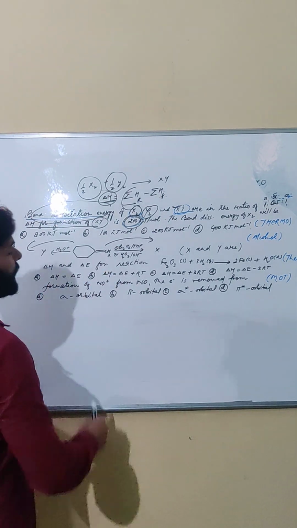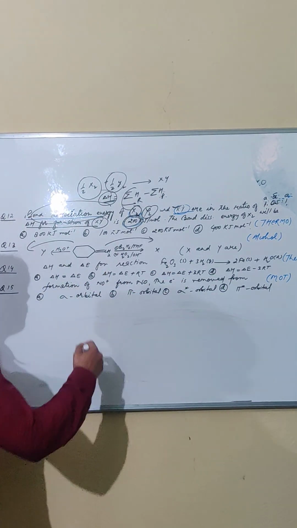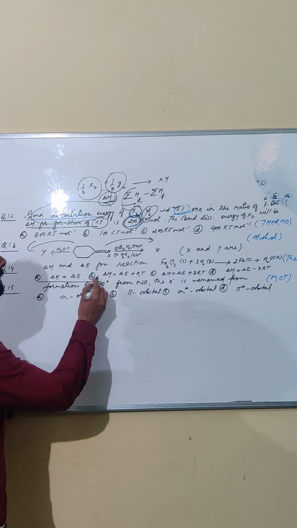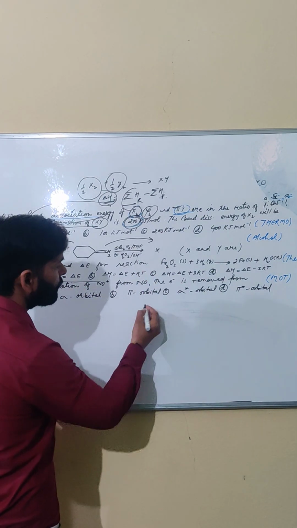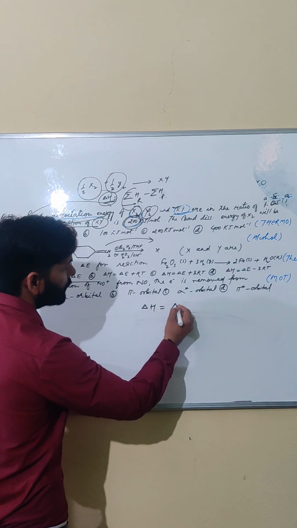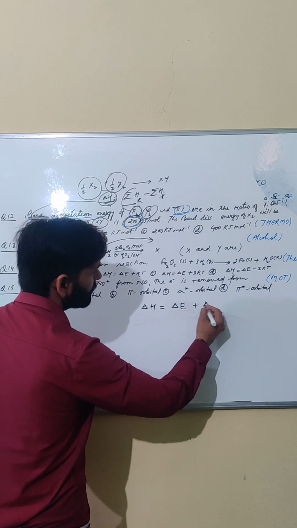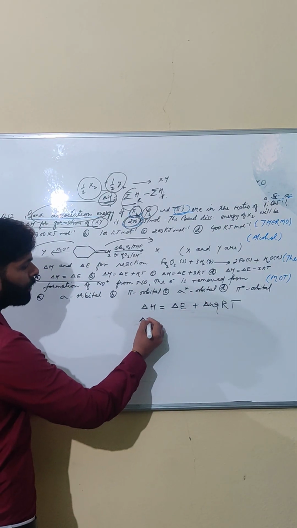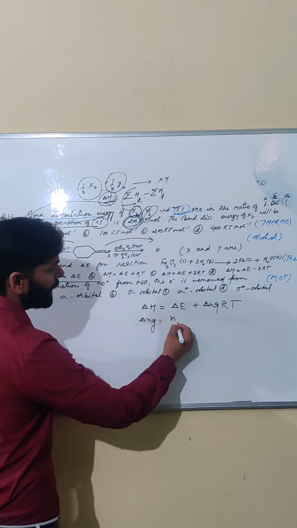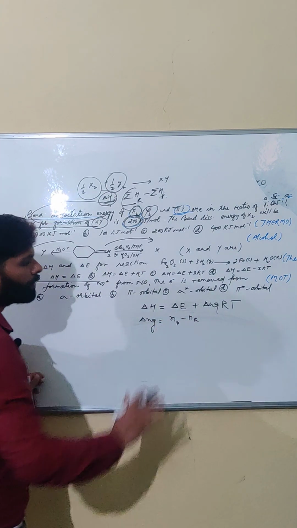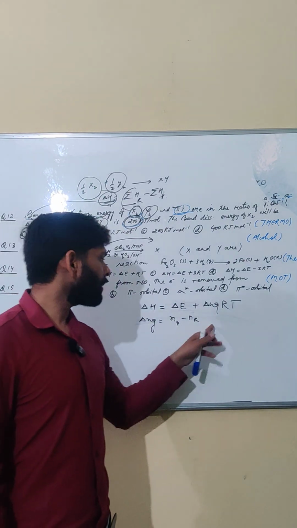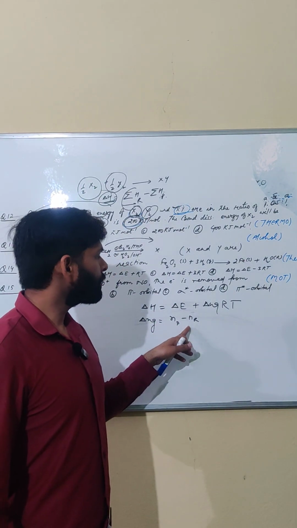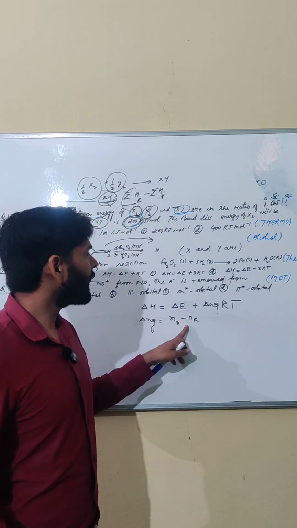Delta H and delta E for the reaction, and which is the correct expression. We know that delta H is equal to delta E plus delta Ng RT. So in this case you have to find only delta Ng, and what is delta Ng? Np minus Nr, number of moles of product minus number of moles of reactant, and we only have to see the gaseous reactants or products.